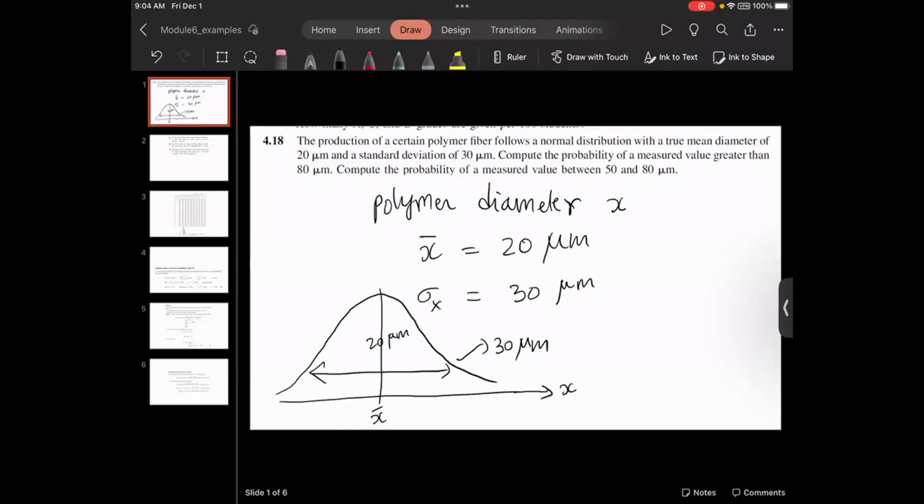What we are asked to calculate is the probability that X is greater than 80 microns. Suppose this is 20 and 80 is here, we have to figure out what is the chance that X can be greater than 80 microns. So that is what is asked.